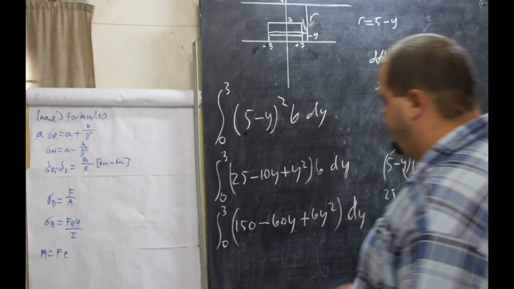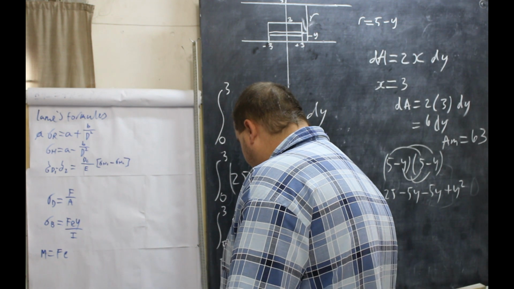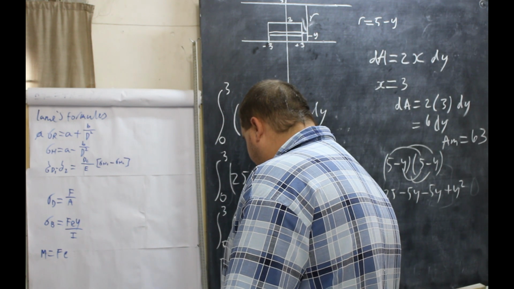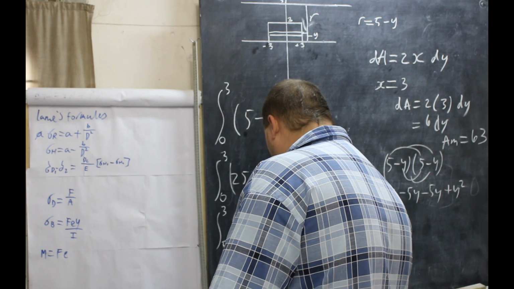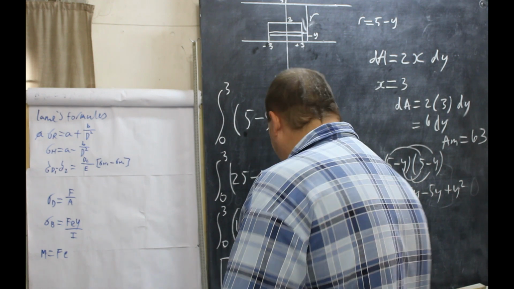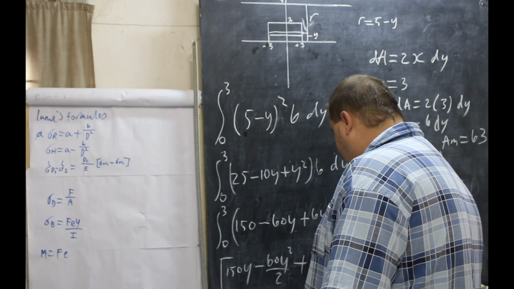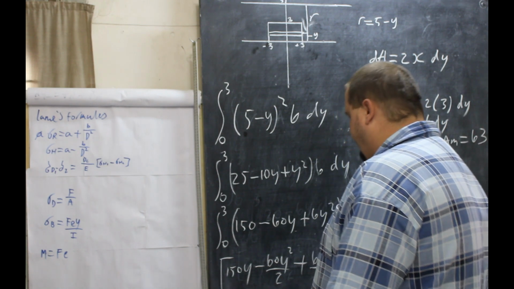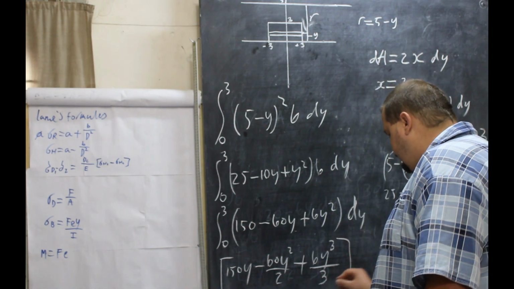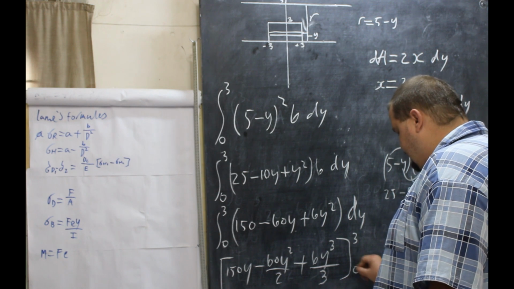Now we can integrate. 150y minus 60y squared over 2 plus 6y cubed over 3. That's from 3 to 0.